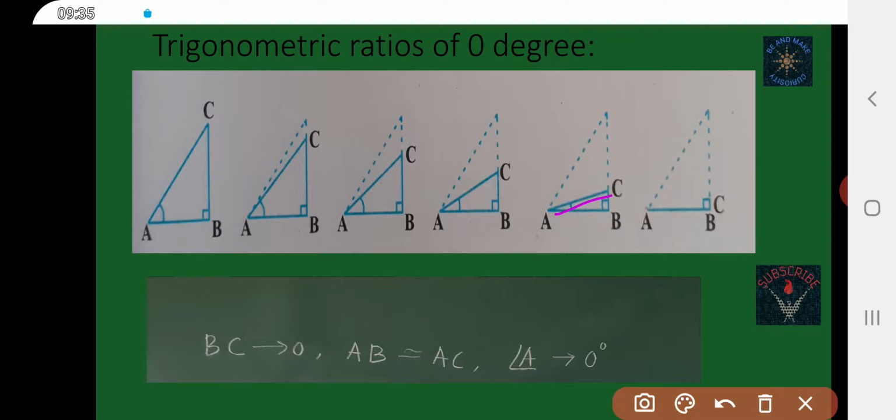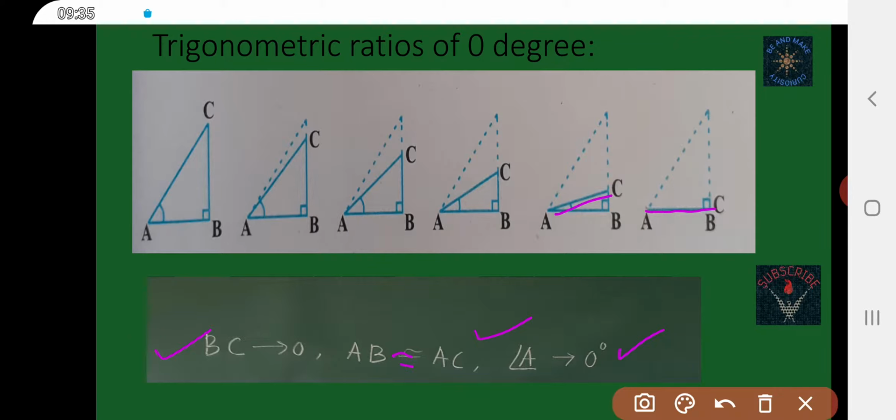Finally, when angle A becomes very close to 0, AC becomes almost the same as AB. So AB is approximately equal to AC, when angle A tends to 0 degree.